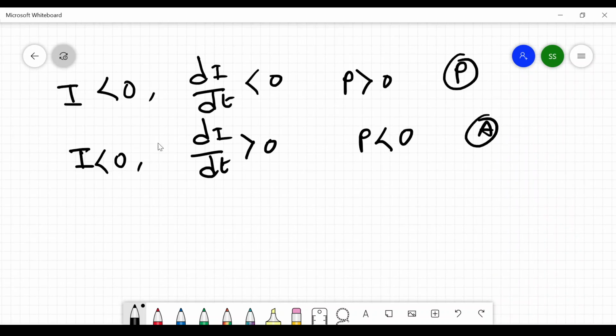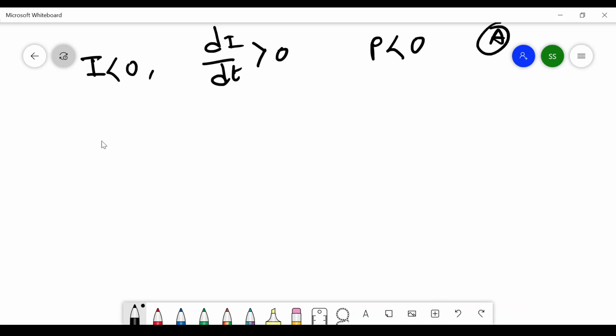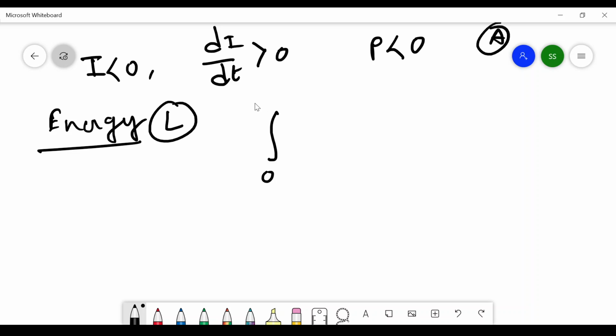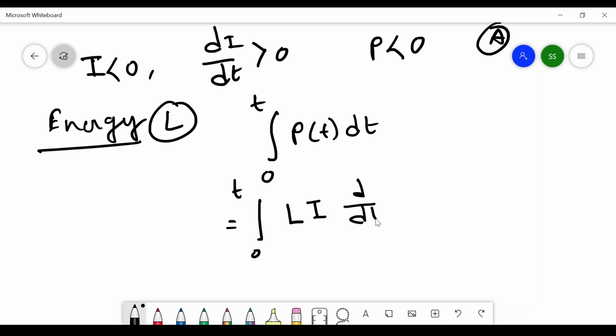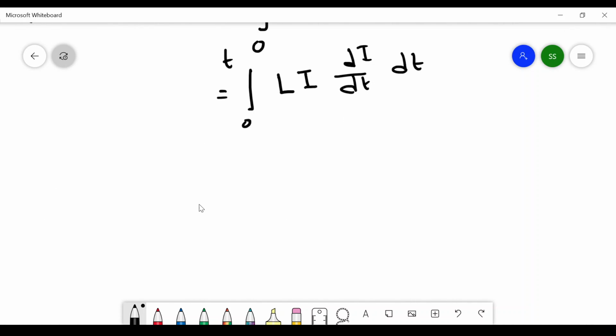Okay, so the next thing we derive is the energy equation stored in the inductor. For the energy equation it is the integral of p(t) dt. In place of p(t) we can write L i di/dt, so again we can write the integral from 0 to t of L i di.